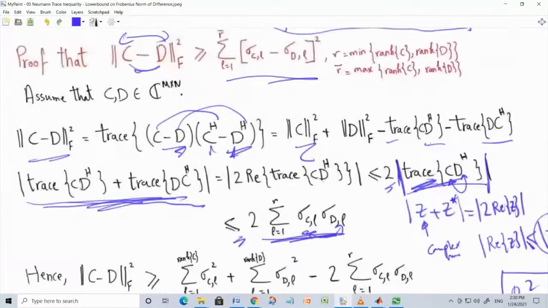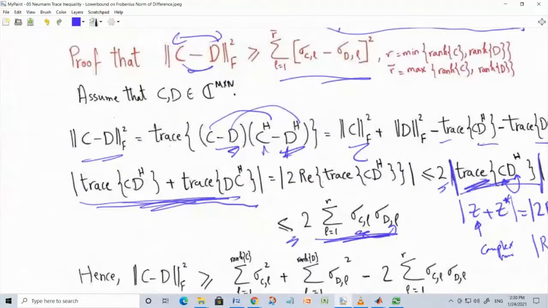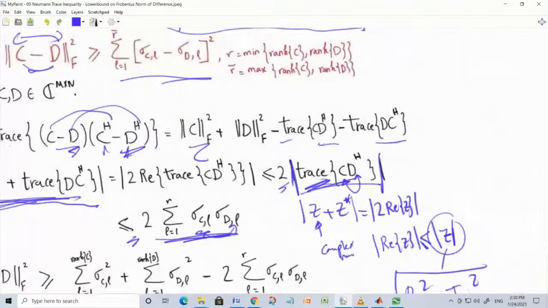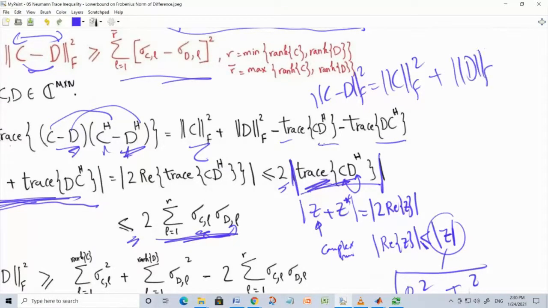So if we go back here, so we don't lose track: C minus D, Frobenius norm squared, is equal to this Frobenius norm squared plus this Frobenius norm squared minus the sum of the two traces.